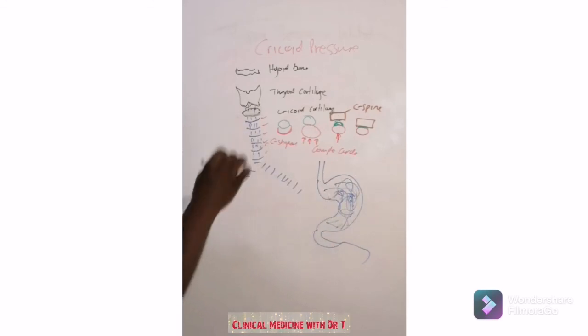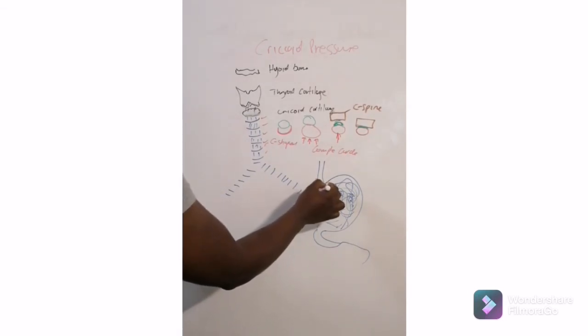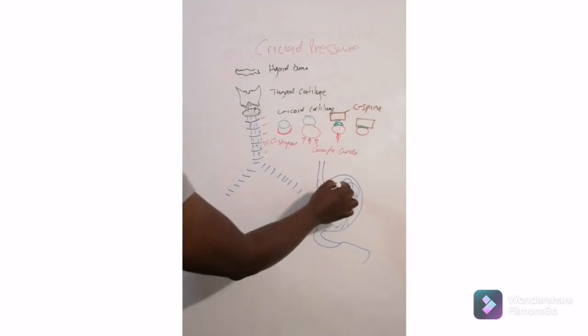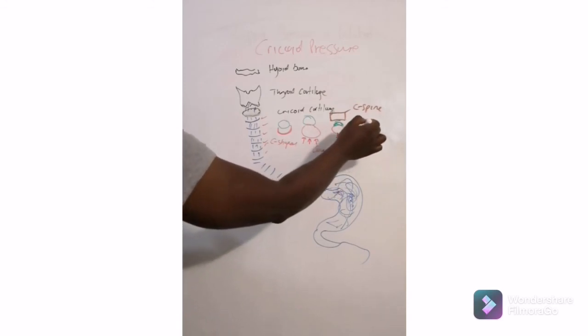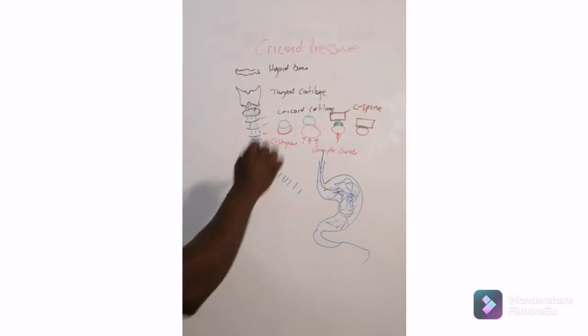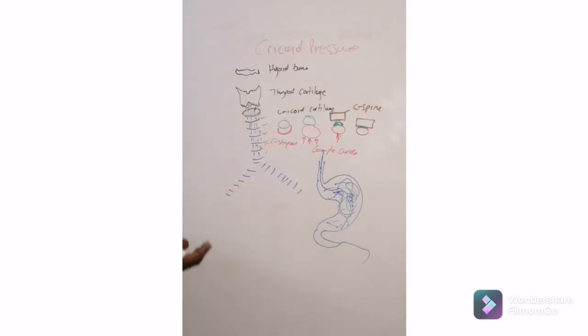Once a patient has been induced, they have a muscle relaxant, and this will open, as we said. Whatever is inside is going to go up, but when it gets to this point it will be obstructed, so it won't enter the trachea and cause aspiration.